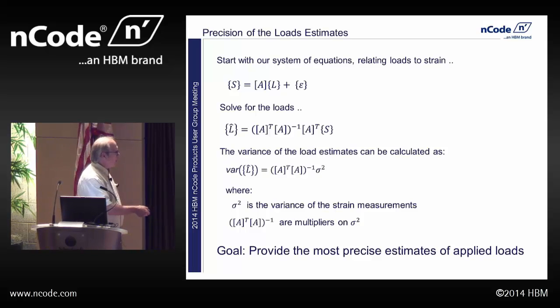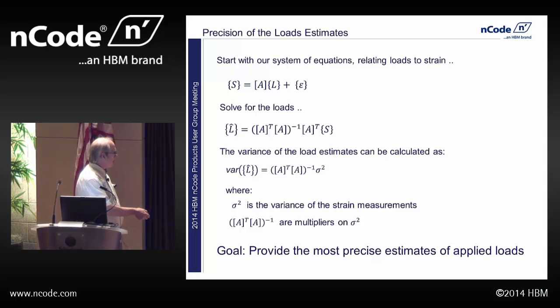you can end up with an equation that relates the variance in the loads, the variance I want to see in my estimated loads, to two things. One of these is sigma squared, which is the errors in the physical gauge measurements, things like gauge sensitivity and calibration involved with actually measuring the strains. We're going to ignore those, since that's outside my regime, that's for test people.